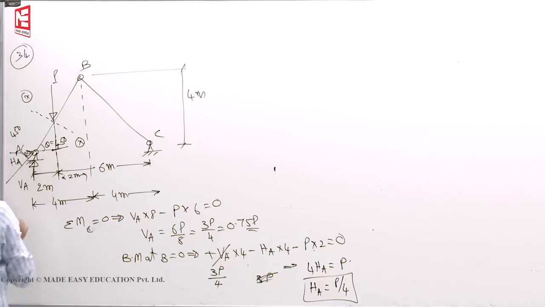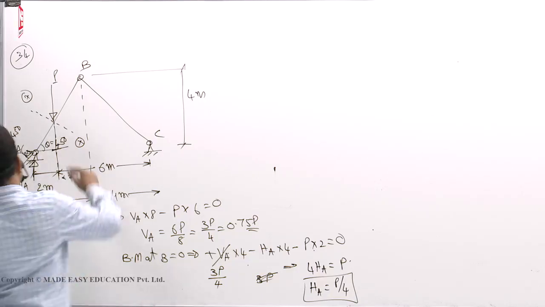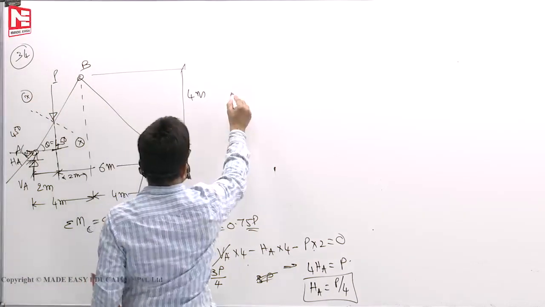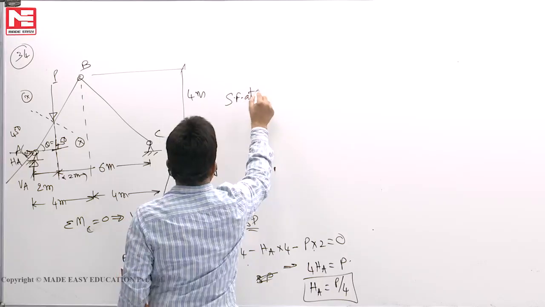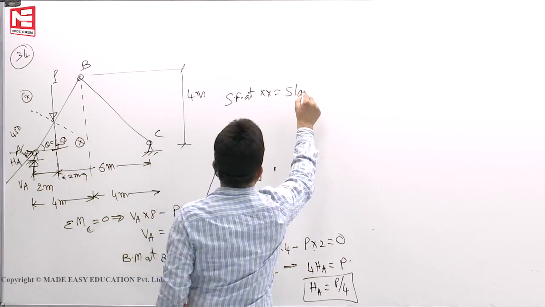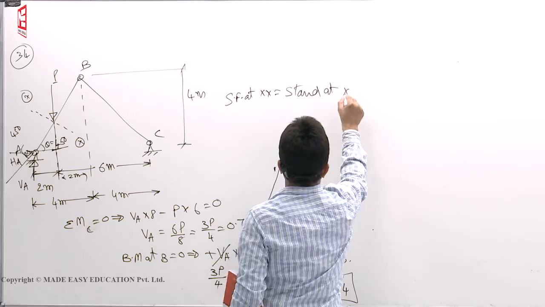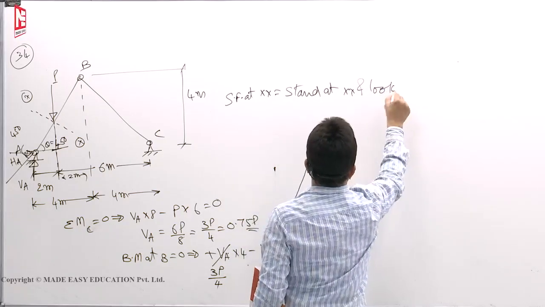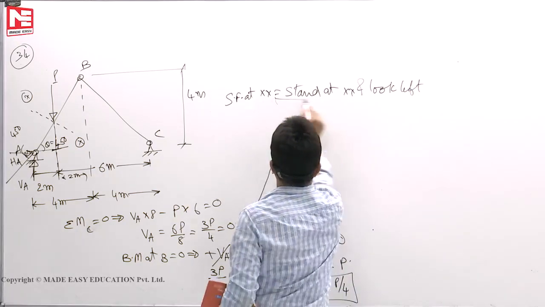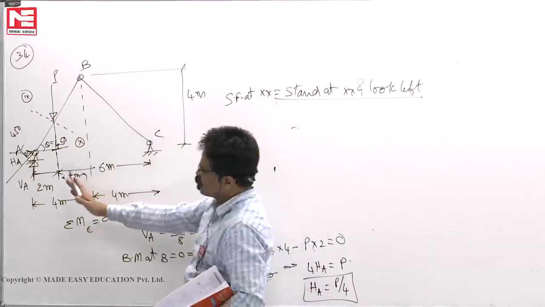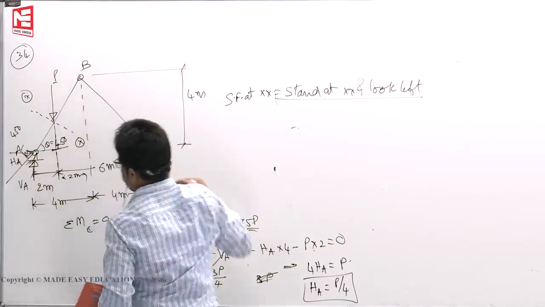Okay. So we have known now two reactions. Now shear force at XX. Stand at XX and look left. If you look left, two forces, VA and HA components you have to find.